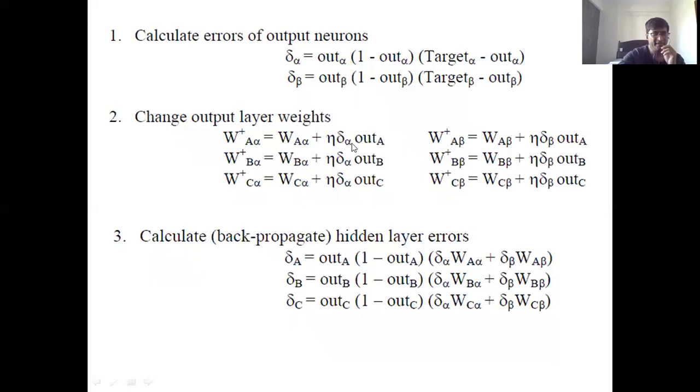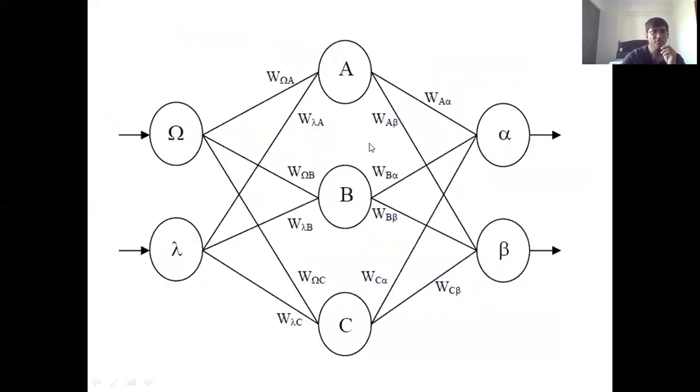So what is the error at alpha, and what is the output at A? The error at alpha is what we have just calculated in the first phase, and the output at A is what we had already calculated during the forward phase.